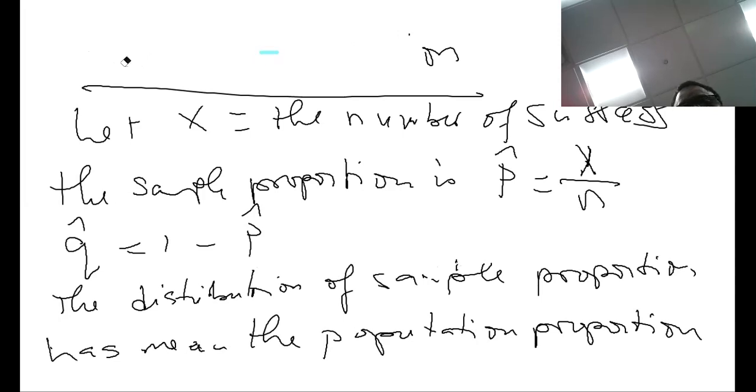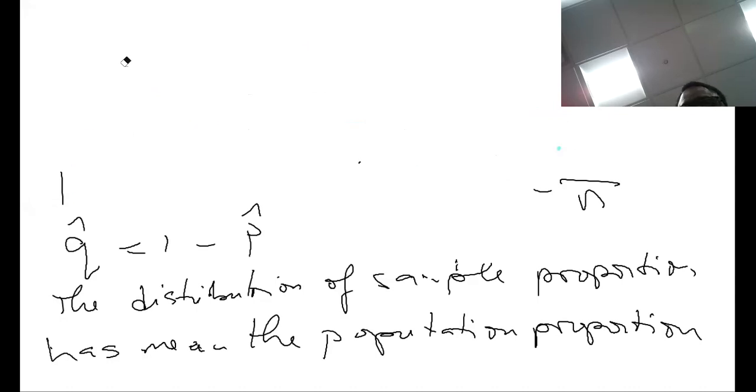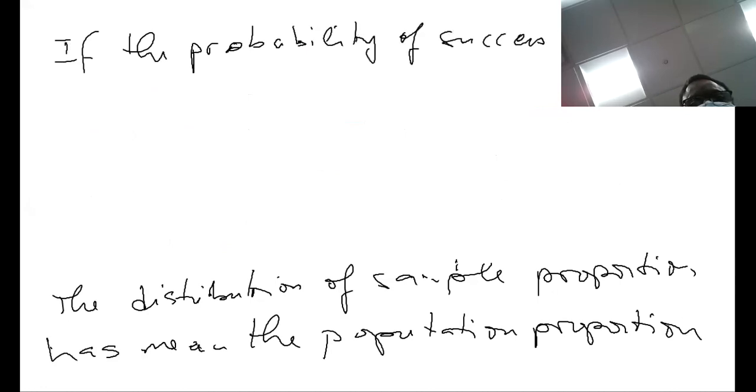What I'm saying here is that if the probability of success is P, then E of P hat equals P. P is like mu, P hat is like X bar.